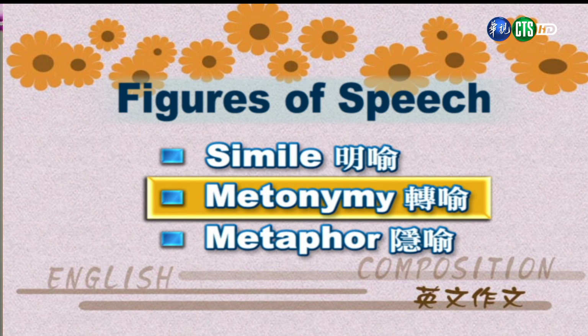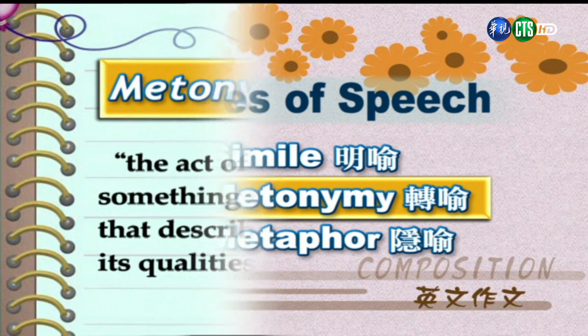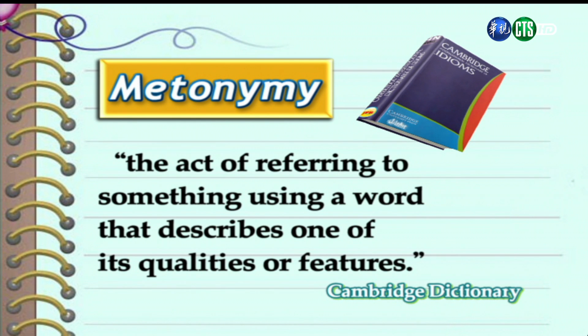All right, so now let's go on and talk about another kind of figure of speech, and this is metonymy. And so now let's take a look at the definition in the Cambridge Dictionary again. A metonymy is the act of referring to something using a word that describes one of its qualities or features.